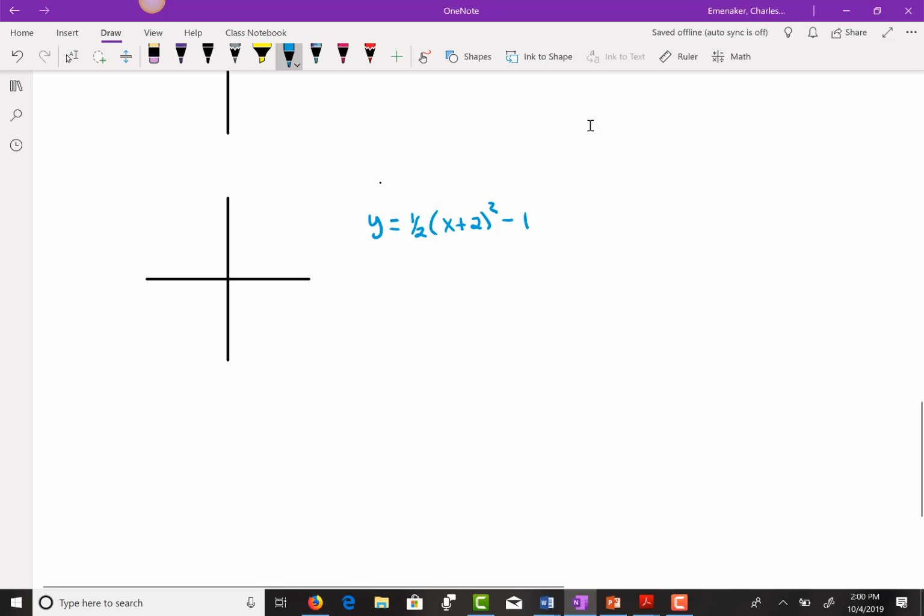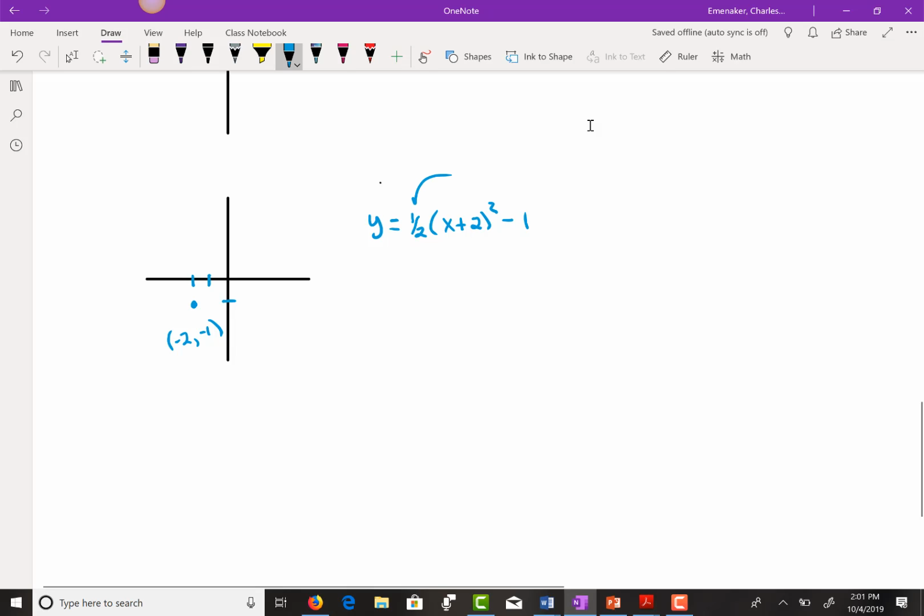The first thing we're going to do is realize it's a quadratic, so it's going to be a parabola, kind of U-shaped. What does the x plus 2 tell us about the vertex? To the left, 2 units: 1, 2. What does the negative 1 tell us? We're going down, aren't we? We go down 1. Our vertex is going to be at (-2, -1).